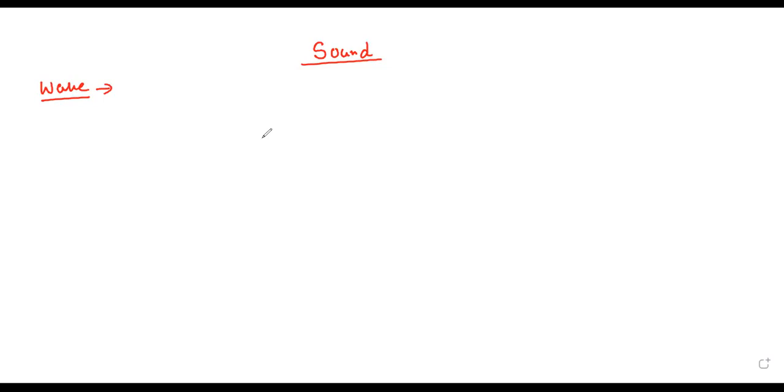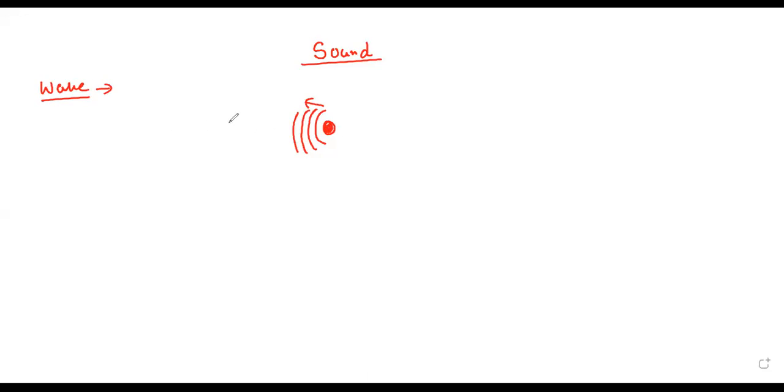Then the neighboring particles will start vibrating and further disturb the particles next to them. Suppose I throw a stone at that point, then the disturbance will be generated and it will pass to the next. It will move on.